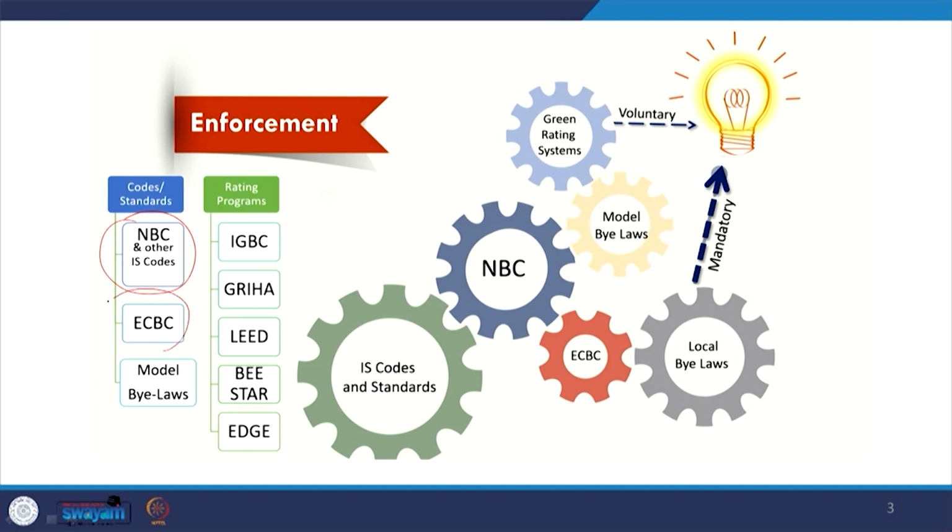There is ECBC at the central level. The ECBC is a voluntary code and it has been taken up by different states. It has been modified to suit the specific requirements of the state, and it has been mandated in some of the states for some types of buildings.